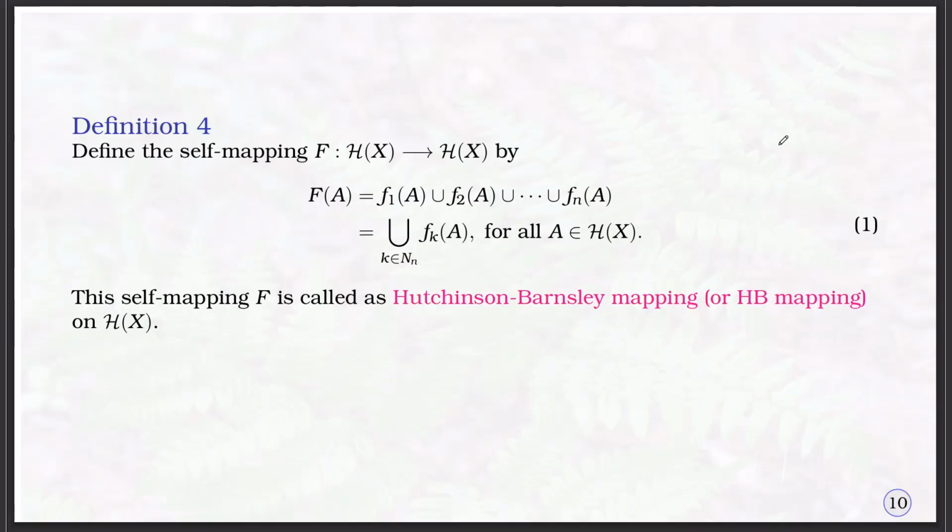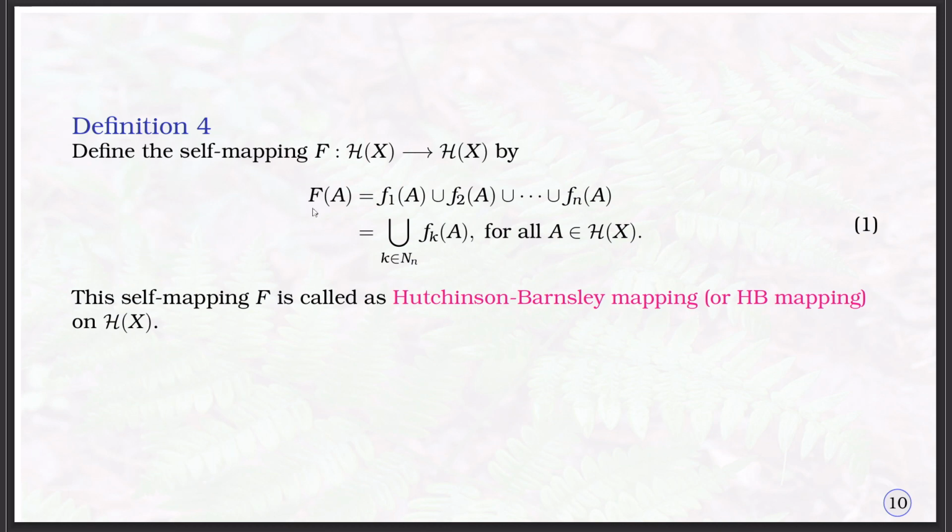So, in the last lectures we have discussed the contraction mapping on a complete metric space X becoming a contraction mapping on the hyperspace of X with respect to the same contraction factor. Now, let us define the Hutchinson-Barnsley mapping.